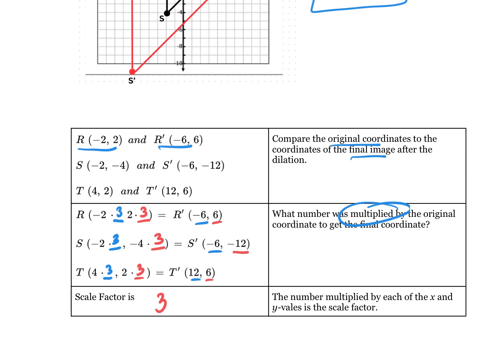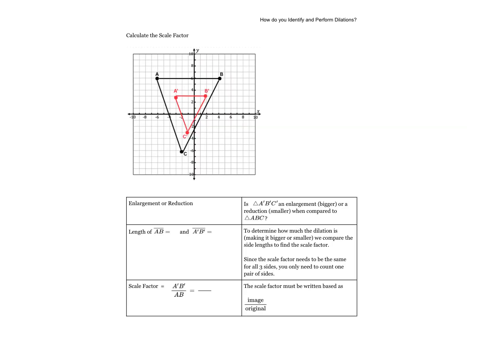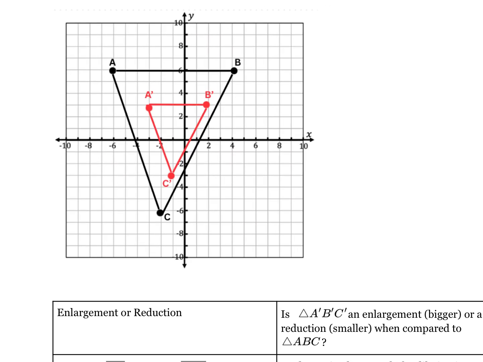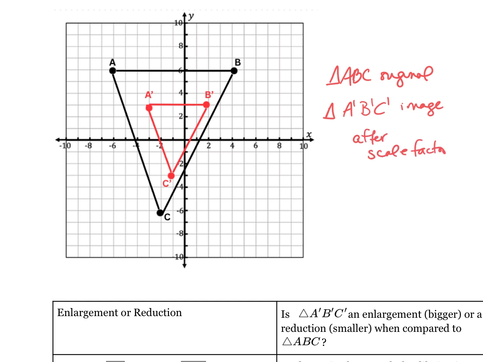Let's take a look at another example. Okay, here, remember, triangle ABC is our original, and then triangle A prime, B prime, C prime is my image after the scale factor has been applied and the dilation is complete.